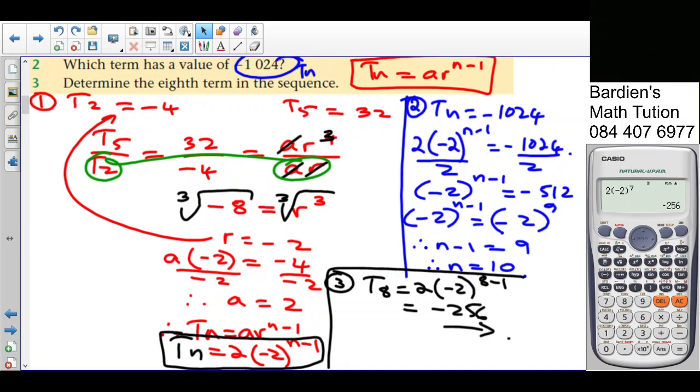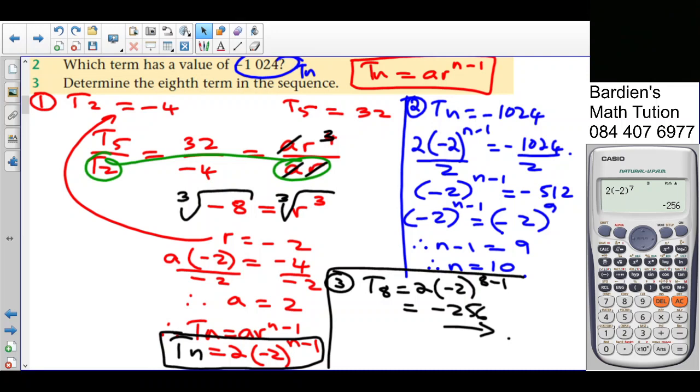Now we're looking at example 1 on page 10. Example 1, page 10.